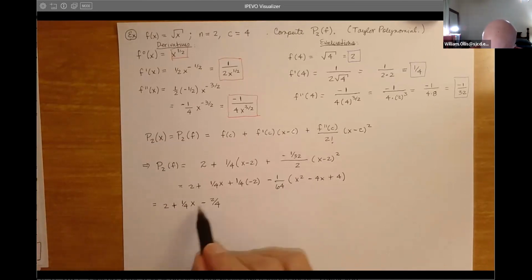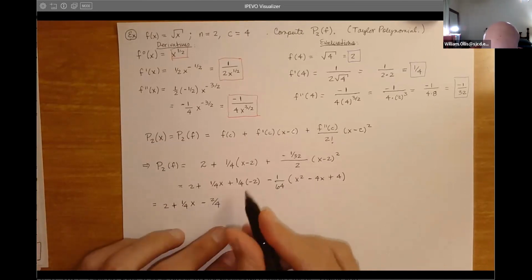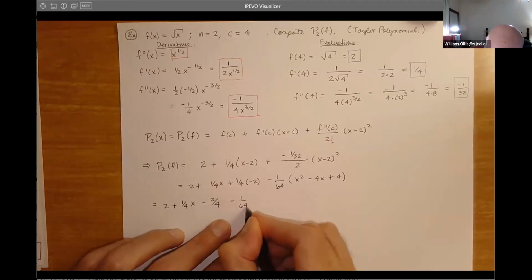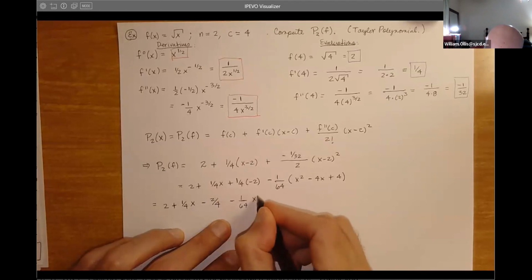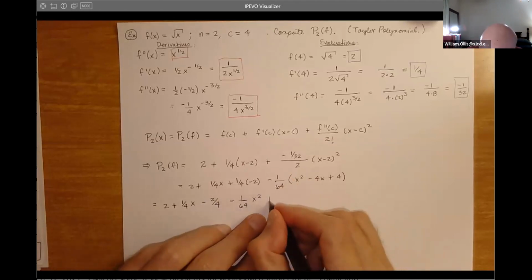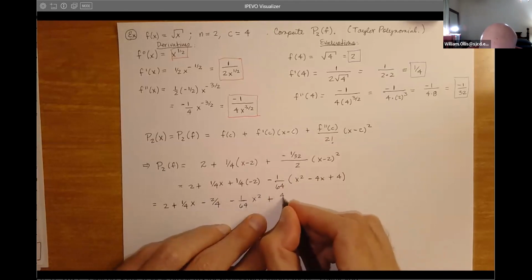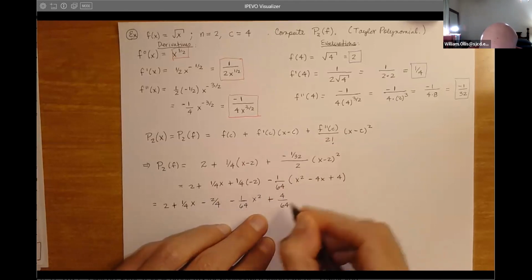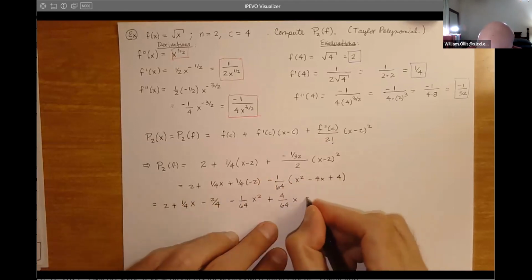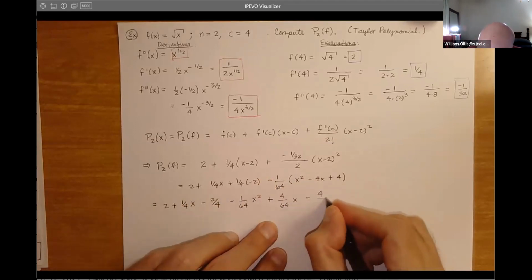So now we've got 1/4 x, negative 2 over 4. And now we have a negative 1 over 64 times x squared. And now we have a positive, so we get plus 4 over 64 times x, negative times a negative. And then we get minus 4 over 64.